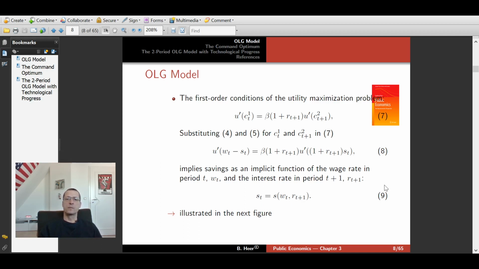If you save it, it gives you next period return 1 plus R times this one unit. And you get the marginal utility U prime of C2 next period per unit of good, and you have 1 plus R units. But you discount future utility, next period utility, by the factor beta.